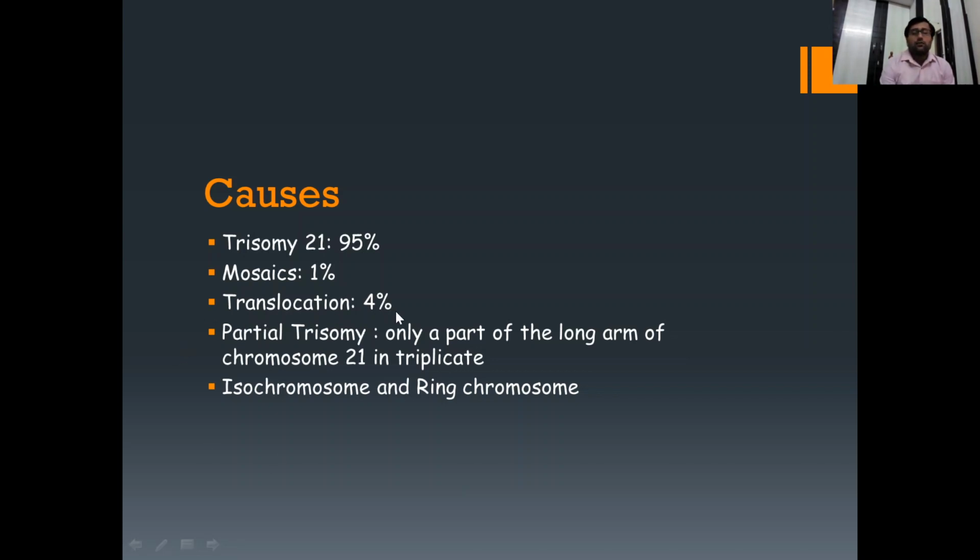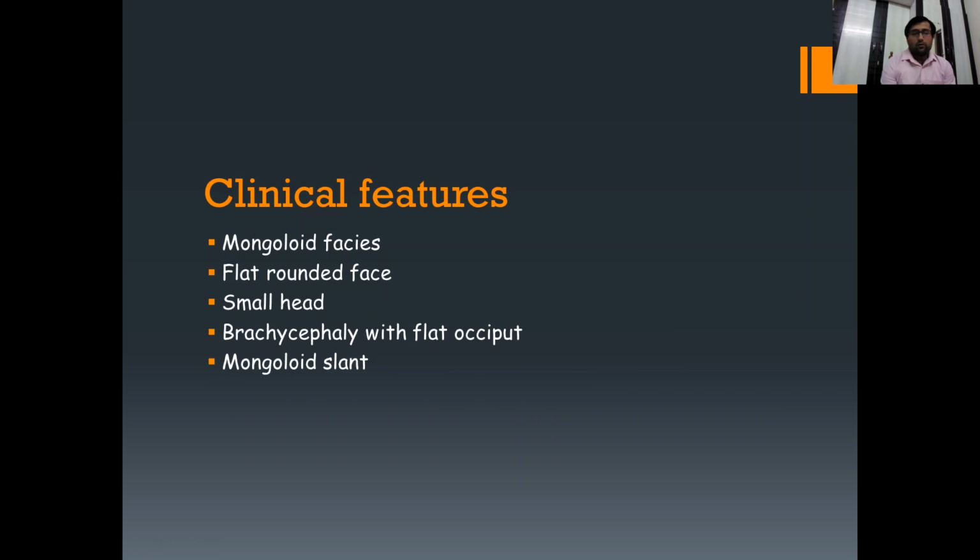Translocation is seen in 4% of cases. In partial trisomy, only a part of the long arm of chromosome 21 is triplicated, so there we can find three long arms. Isochromosome and ring chromosome can also cause trisomy 21 or Down syndrome.